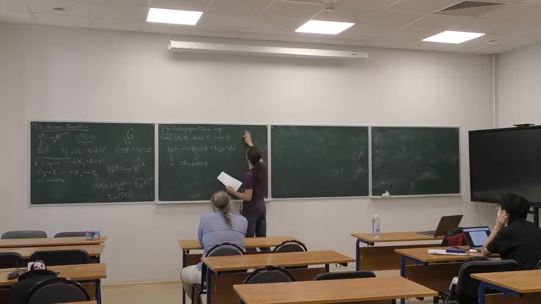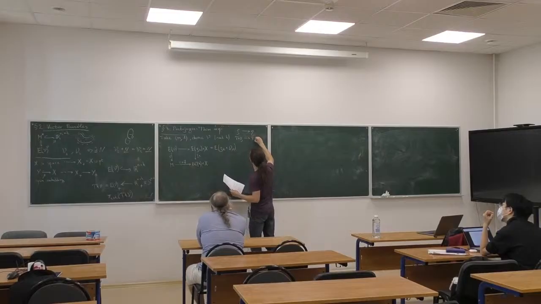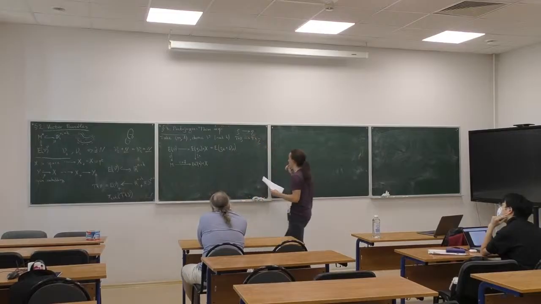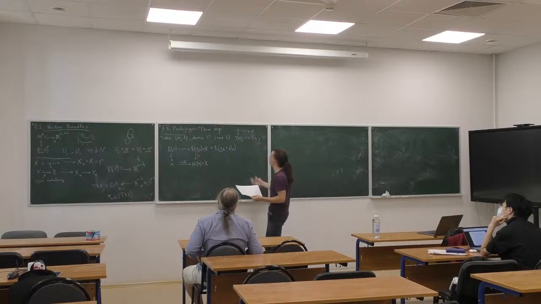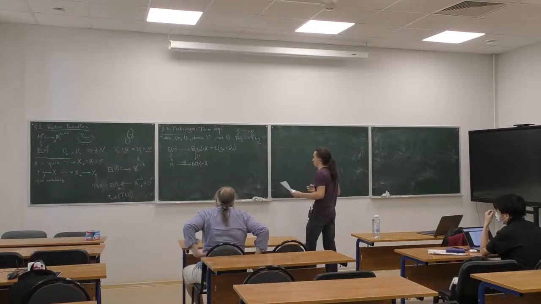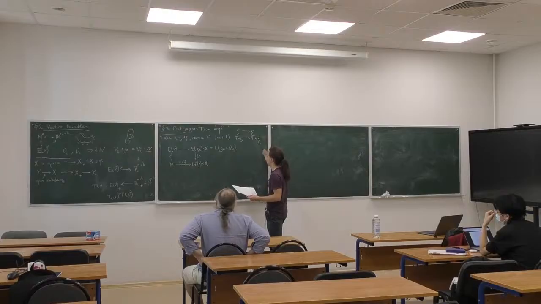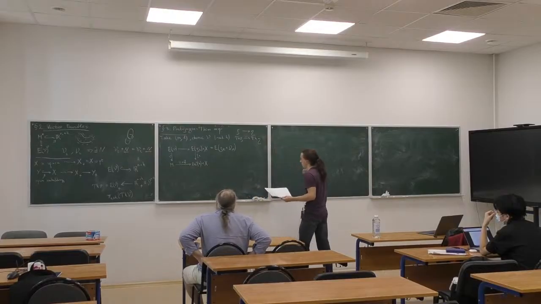Obviously, we have a map of bundles xi to eta. We have a map of Thom xi to Thom eta. Well, how to define it? Define it in the only possible way on the bundles and map infinity to infinity. Check that everything is correct.